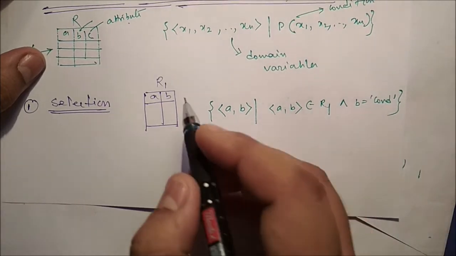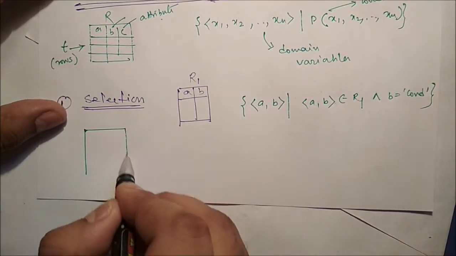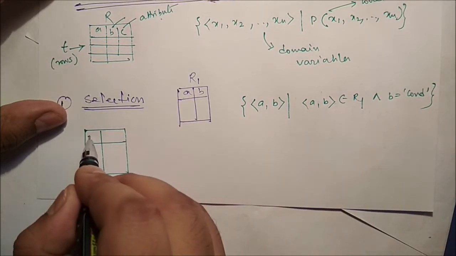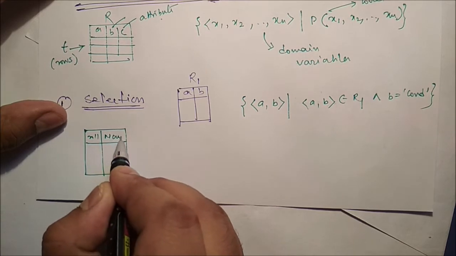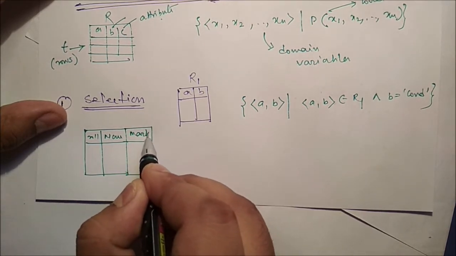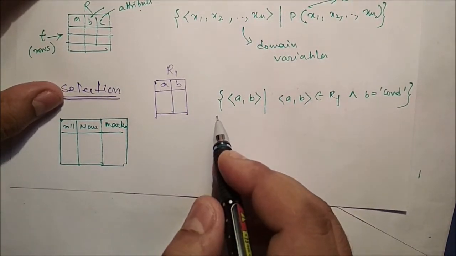Say a student table is there with roll number, name, and marks. Display the student information whose marks is less than 30.